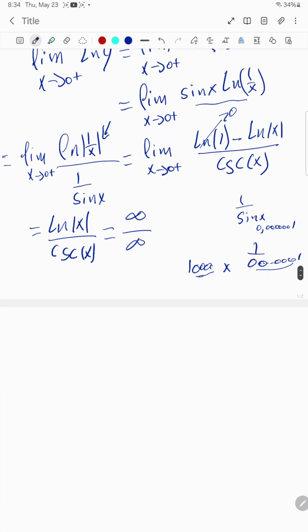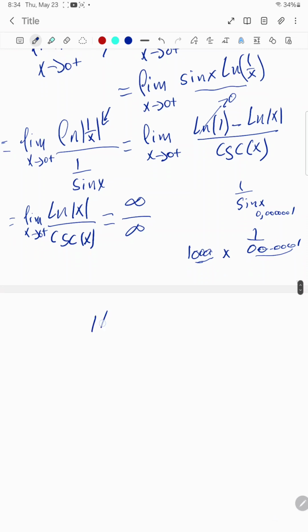So now I keep on forgetting to put here equal to the limit when x goes to 0 plus. So now I can apply L'Hopital's rule, which is the derivative of the numerator divided by the derivative of the denominator.